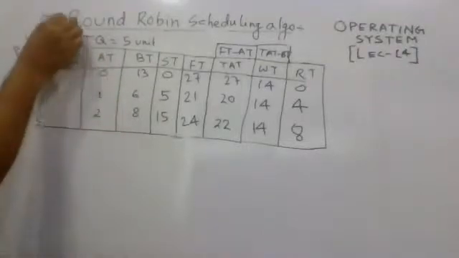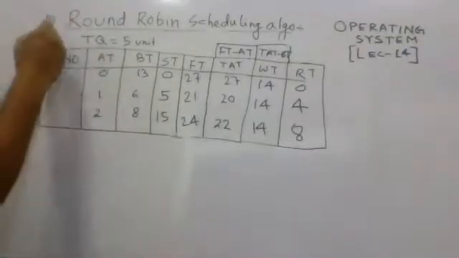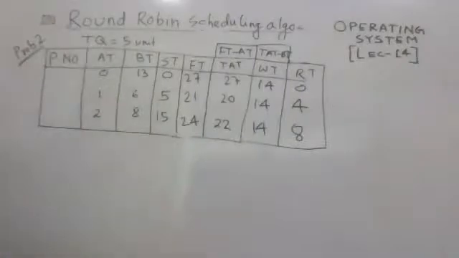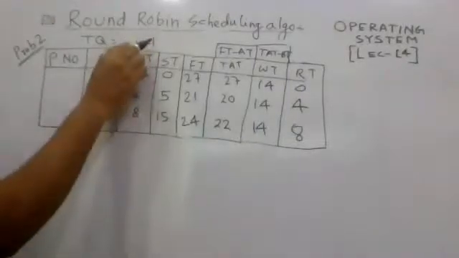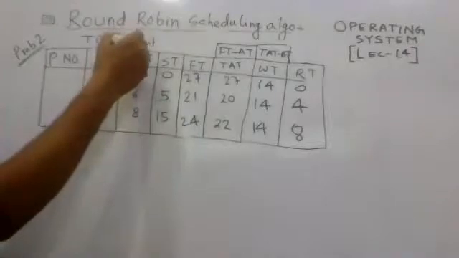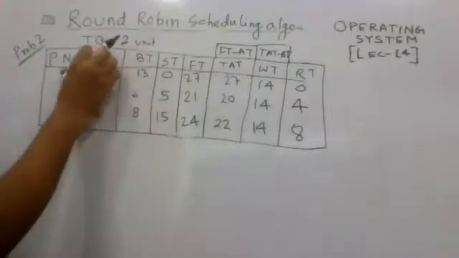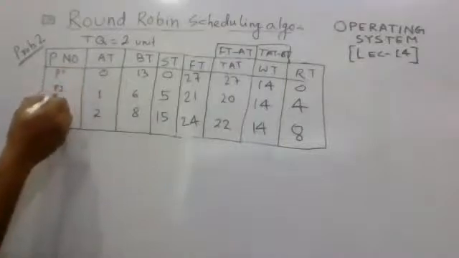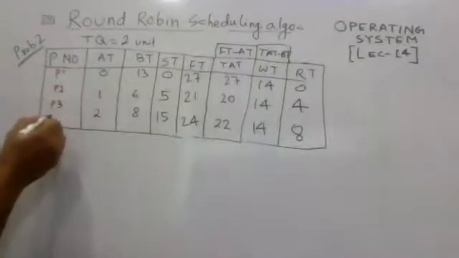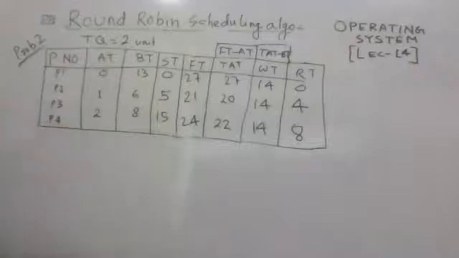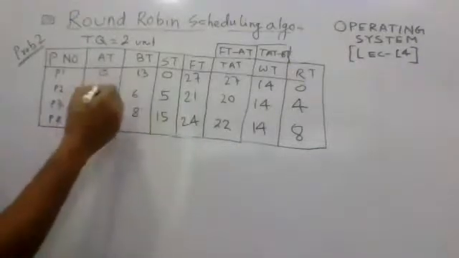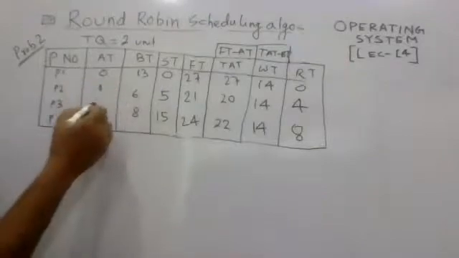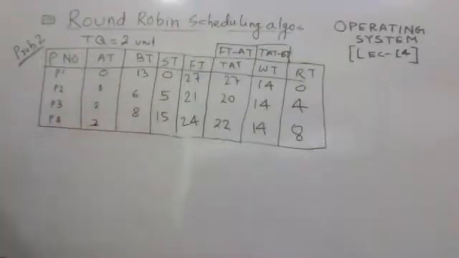Now problem 2, and in problem 2 the given time quantum is actually 2 units. So here we have processes P1, P2, P3, P4. There are 4 processes. Arrival times 0, 1, 2, 3.